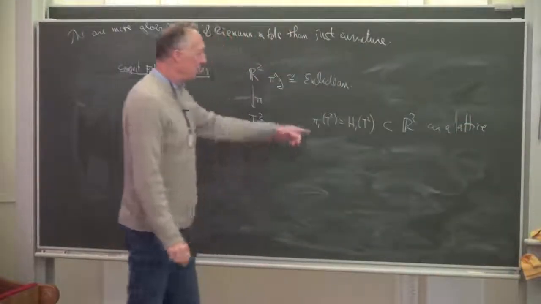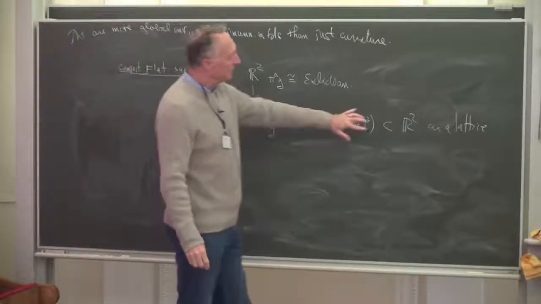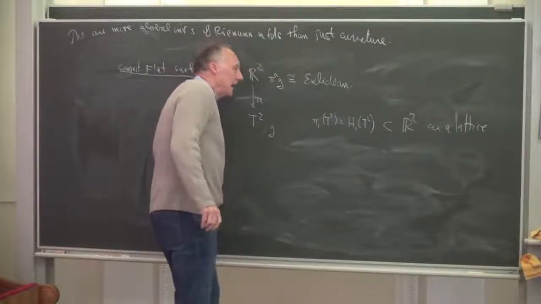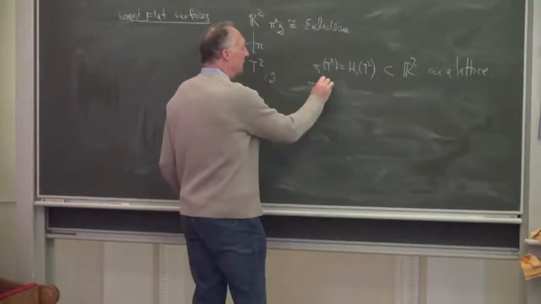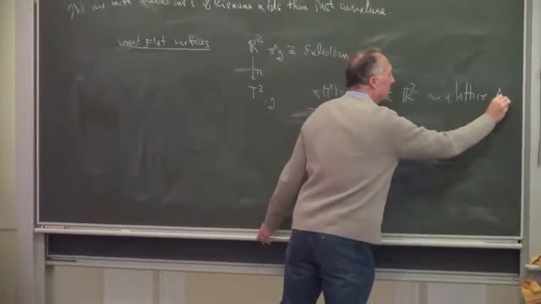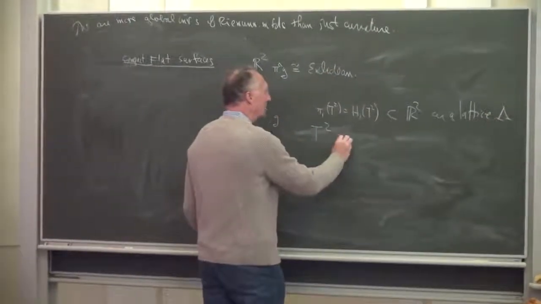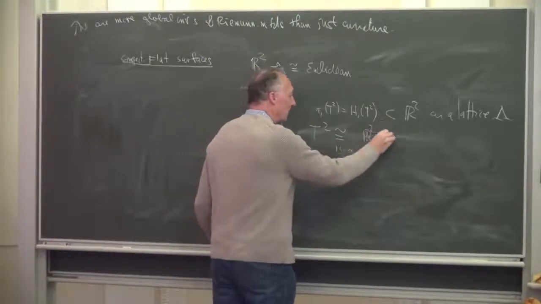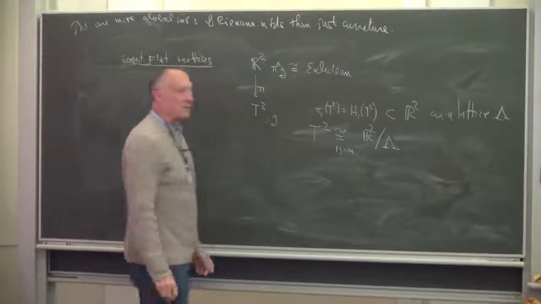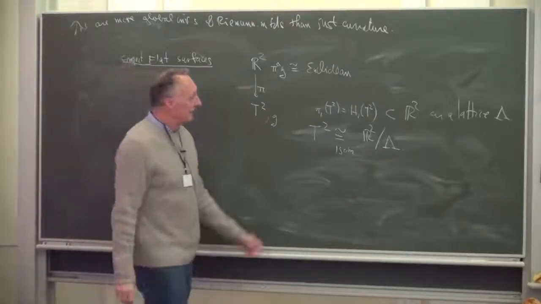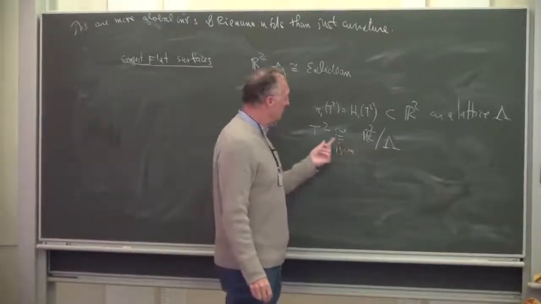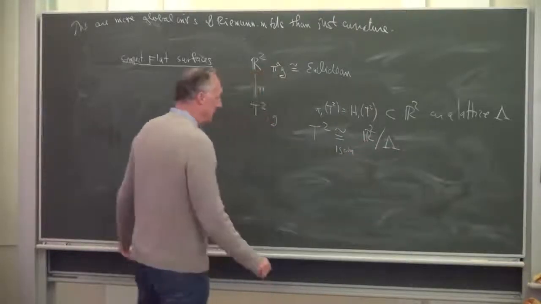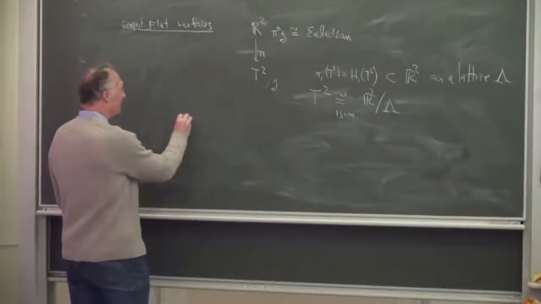That is a free abelian group of rank 2 embedded as a discrete subgroup of the additive group R2, and that's a lattice lambda, and the torus is isometric to the Euclidean space divided out by translations by the lattice. And now you're reduced to studying questions about lattices in R2.